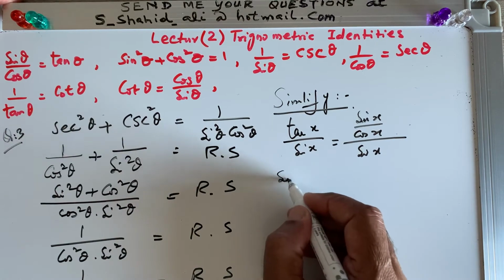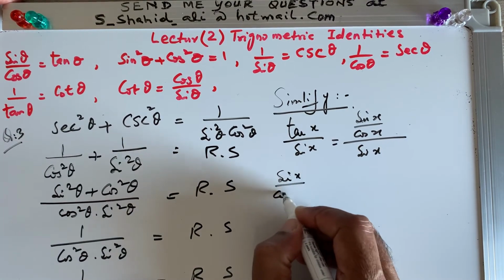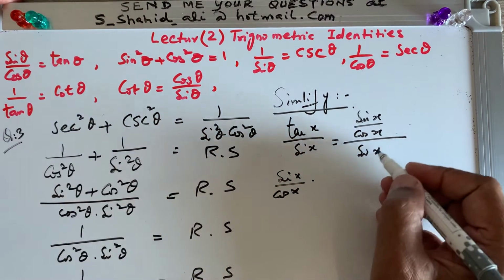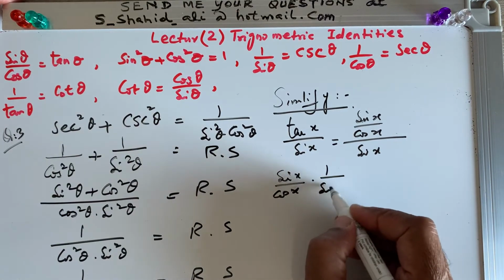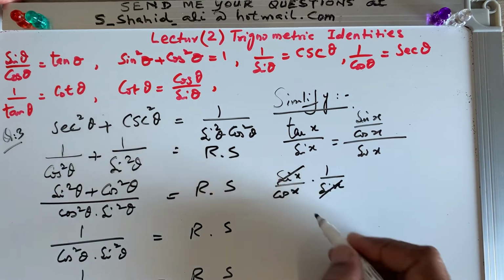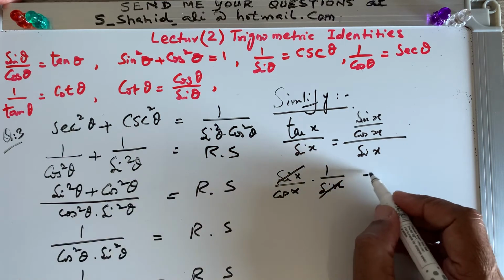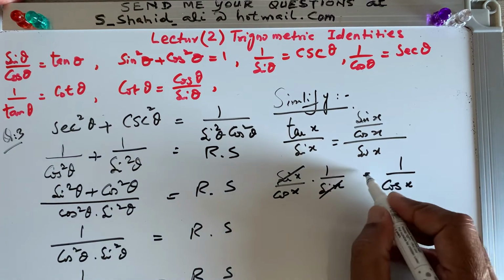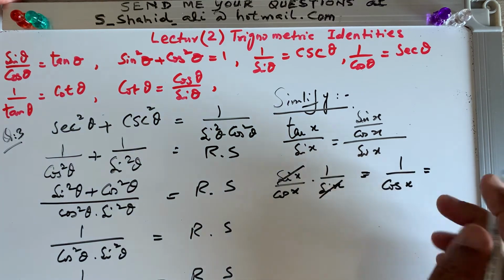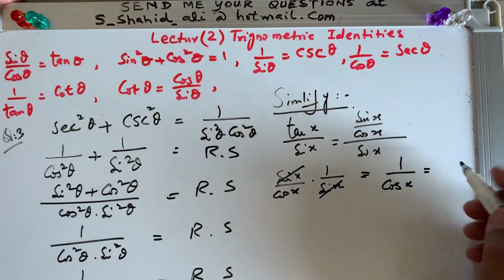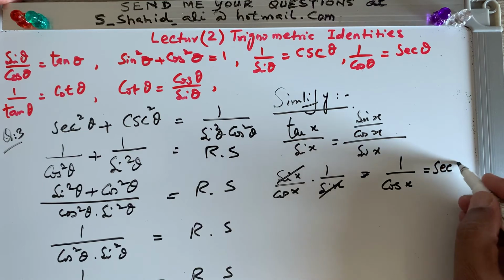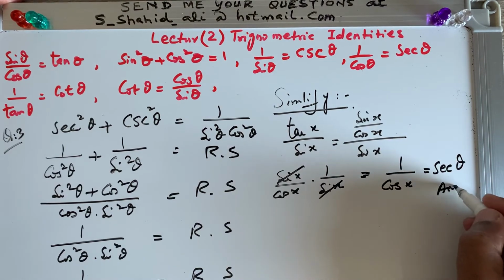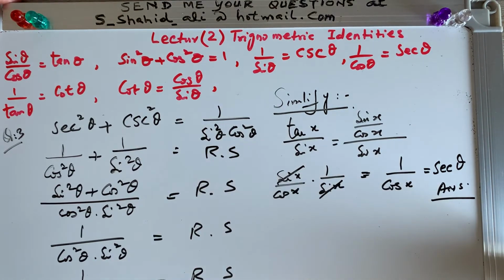The next step will be sine x over cos x times 1 over sine x. Sine x cancels. So what I have is only 1 over cos x. What does 1 over cos x equal to? 1 over cos x is equal to secant theta. So my simplified answer for this trigonometric ratio is secant theta.